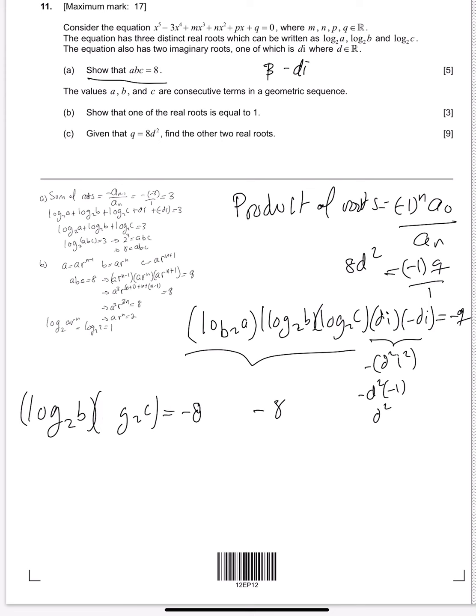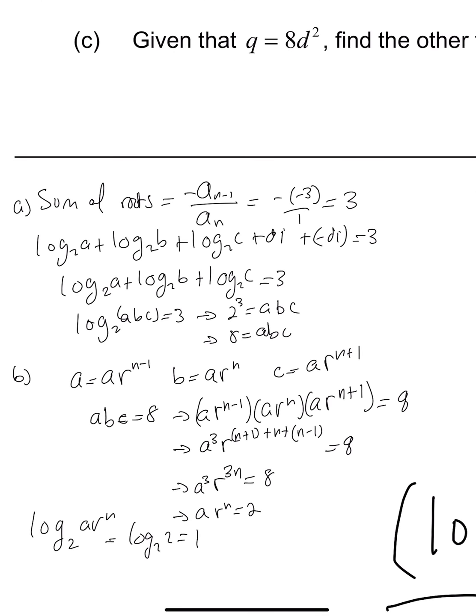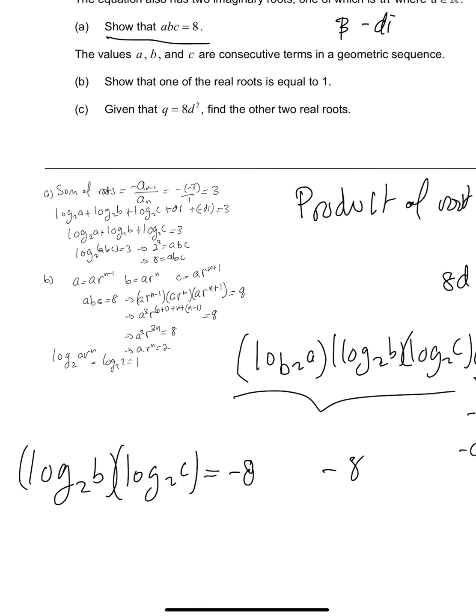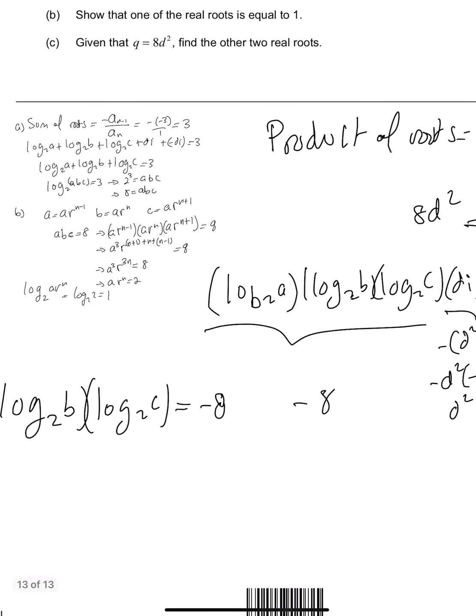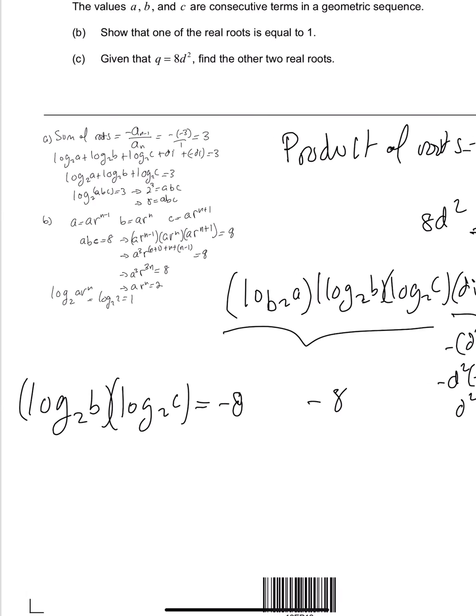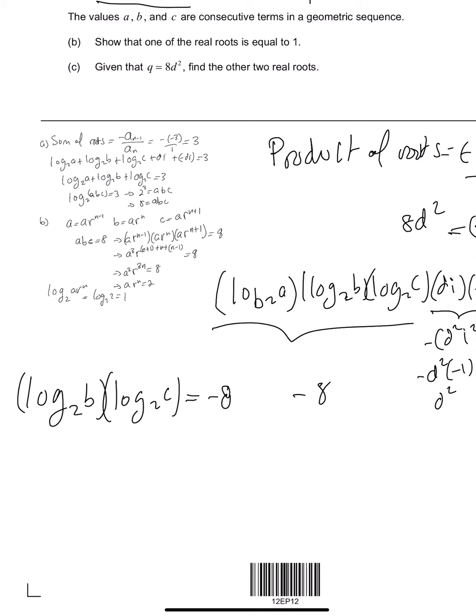The difficulty here is that they're not in the same terms, and I don't really have much. But if we remember what we just found right here, we had that log base 2 of a plus log base 2 of b plus log base 2 of c is equal to 3. Since log base 2 of a is equal to 1, I'm going to try and rewrite one of these terms, log base 2 of b or log base 2 of c, in terms of the other.